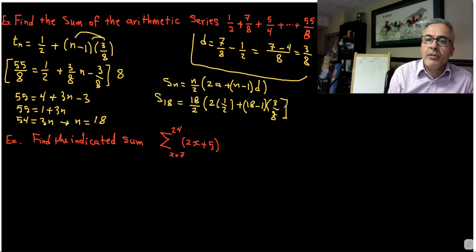And then I'm just going to close the bracket. Maybe just make that a square bracket so you know where the bracket started. Which equals 18 divided by 2 is 9. And in the square brackets, 2 times half is 1, plus 18 minus 1 is 17 times 3/8.